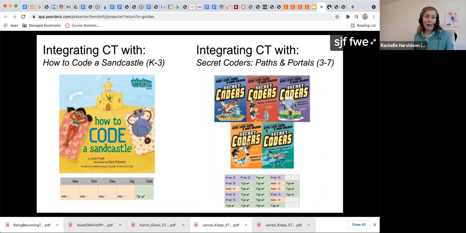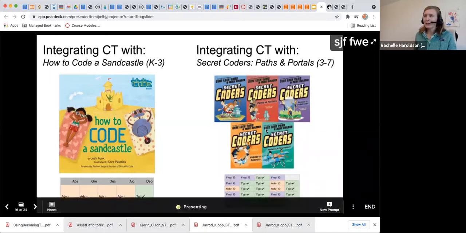You can do them with paper and pencil, and they use Logo, a computer programming language, throughout the book. But you can certainly do all of those activities without needing a device. It's just a really lovely series. The characters are great. It also touches on some of the typical feelings and experiences that go on in middle school, which is really great too. So that's just ways to think about incorporating examples of those 2 books.